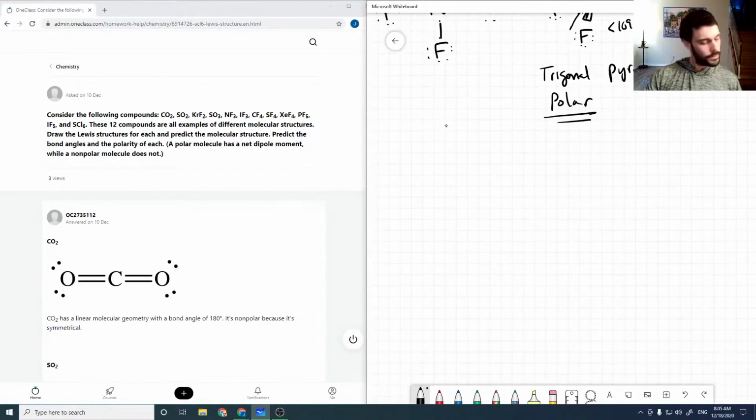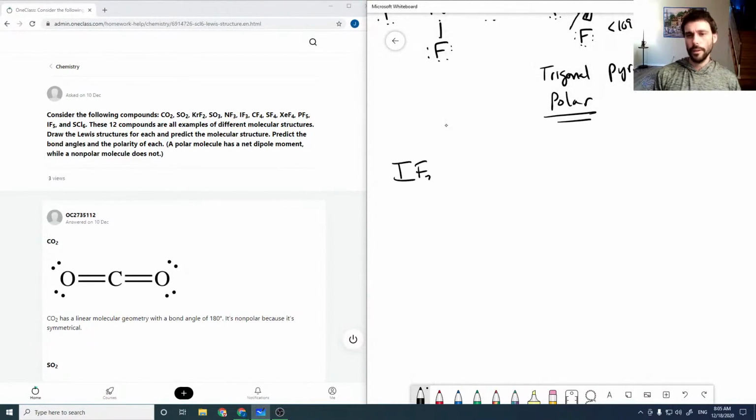Alright, IF3. So IF3, we've got 7 here. 7 times 3 equals 21, so 28 total. Our iodine, just to skip some steps here, is going to need to have 3 available for bonding, which means its other 4 electrons are going to be in lone pairs.